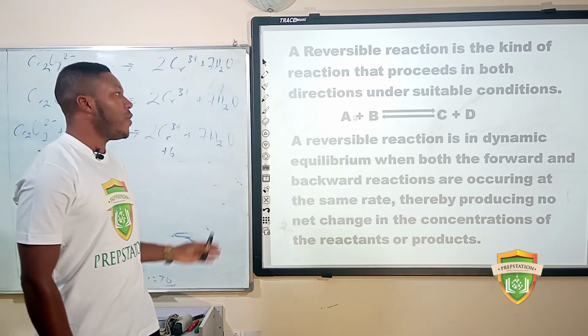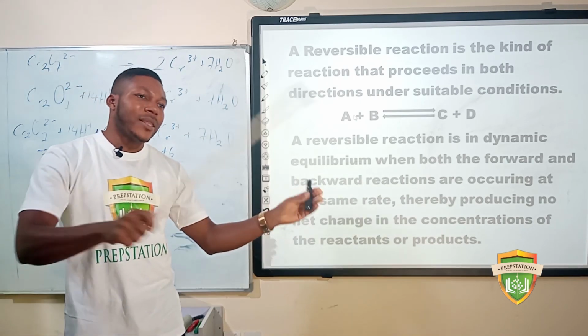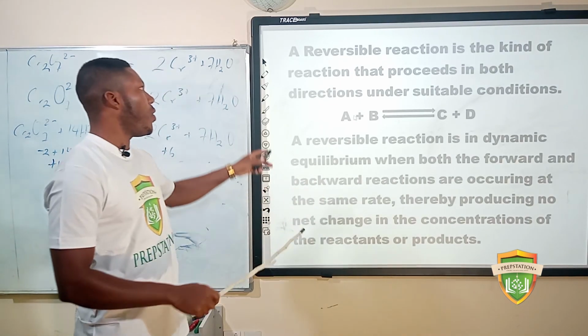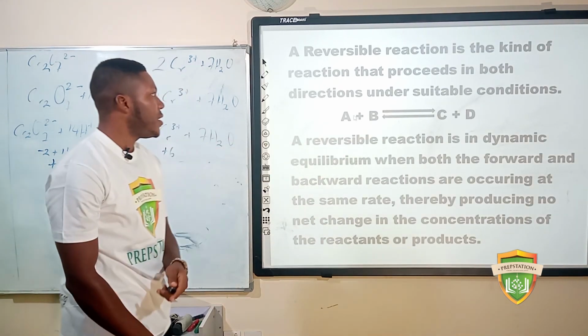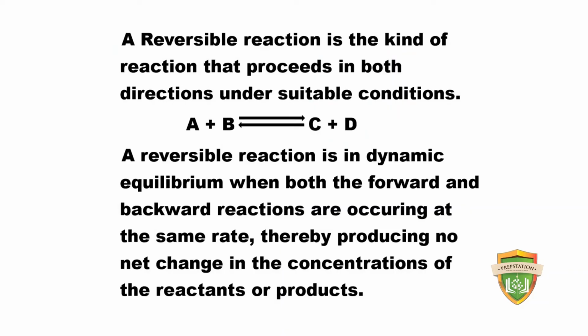The product can give us reactant, and the same reactant can give us the products. That's what we call reversible. So this sign stands for reversibility. A reversible reaction is in dynamic equilibrium when both the forward and the backward reactions are occurring at the same rate, thereby producing no net change in the concentrations of the reactants or products.